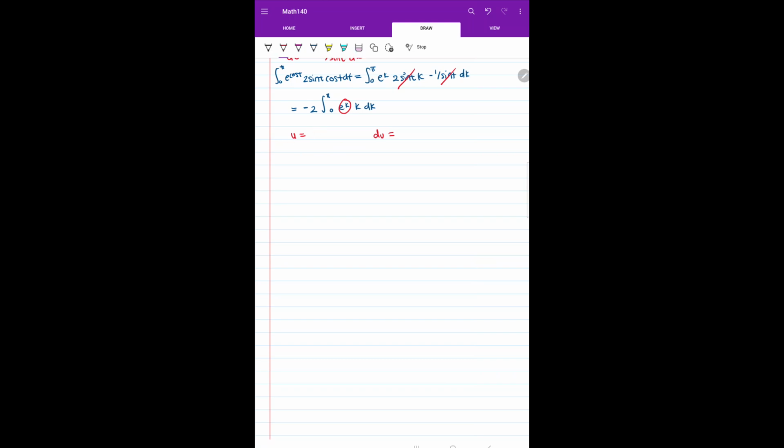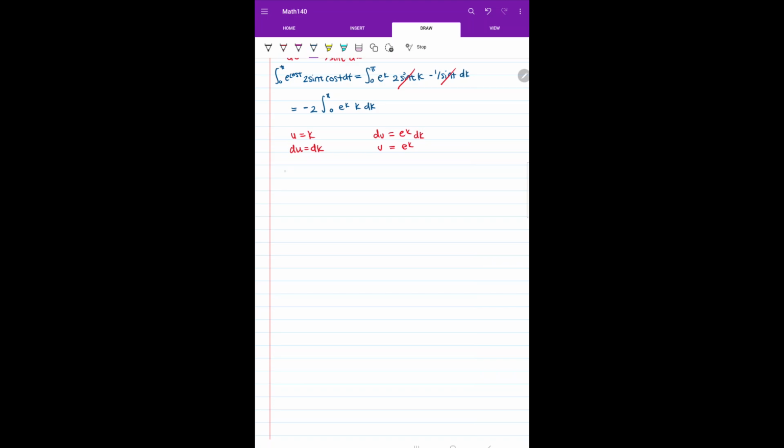But if I pick k to be our u, then du is going to be dk, and that means I reduced that power because the k is no longer there. Since we picked k as our u, then e to the k dk is going to be dv, and then we take the integral to get v, so that v is still e to the k. Okay, simple enough.